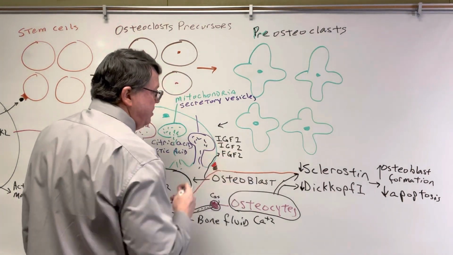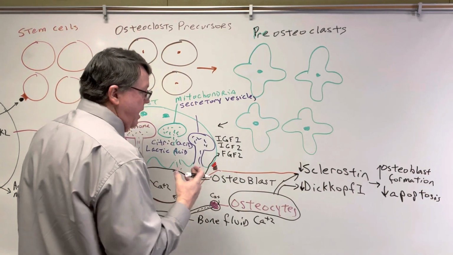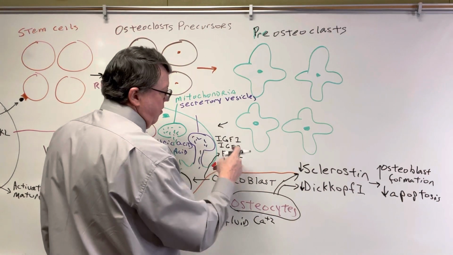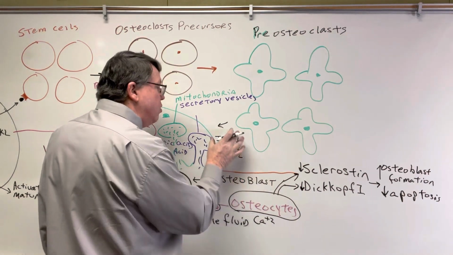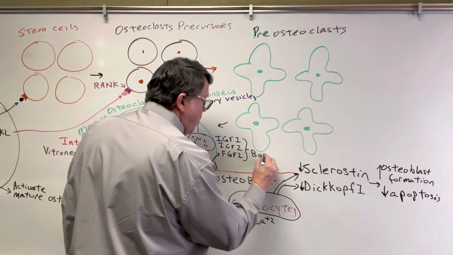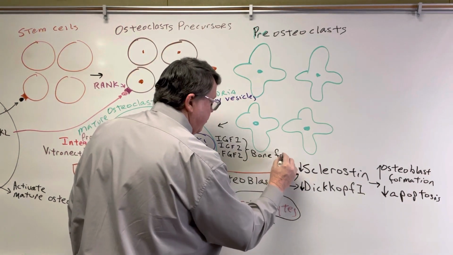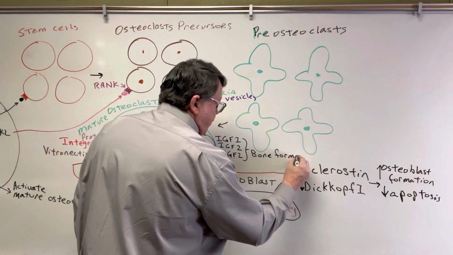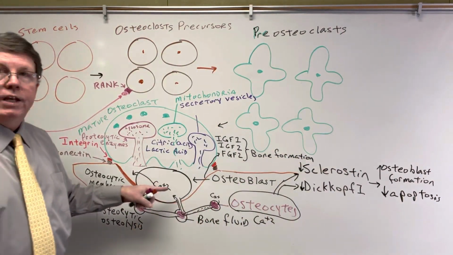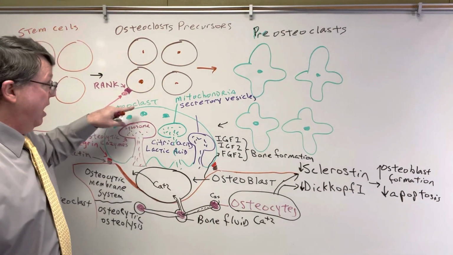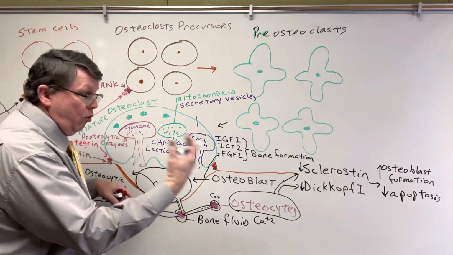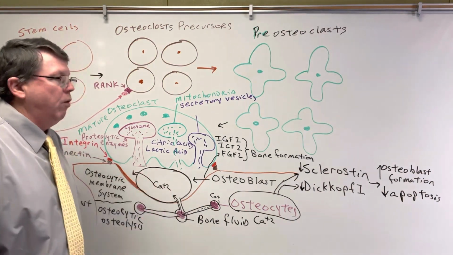Okay, it's going to release those, and also transforming growth factor beta. Okay, so it's going to secrete these, and these are going to lead to bone formation because they're growth factors. Okay, now osteoblasts will basically take about 3 months to regrow this bone here. Remember, osteoclast breaks it down for about 3 weeks. Osteoblast could take 3 months or more. It could take several months to reform bone.